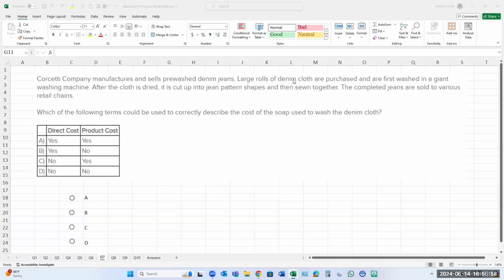So it is an indirect cost. So the answer to direct cost would be no. So we know right off the bat it's either going to be C or D. Is it a product cost? Is it used to make the product? Yes. So C, it is not a direct cost, but it is a product cost.